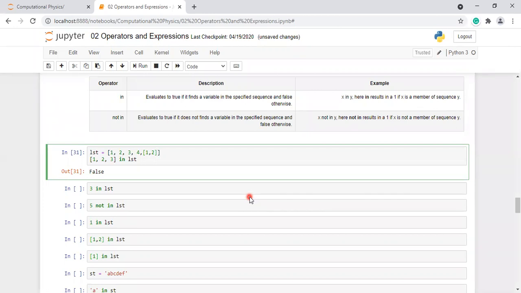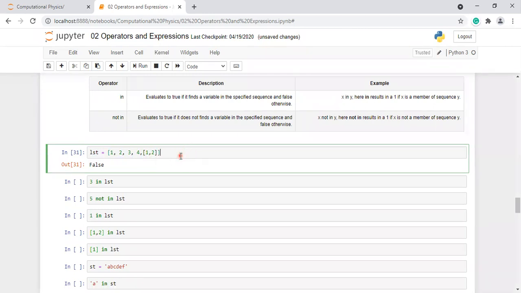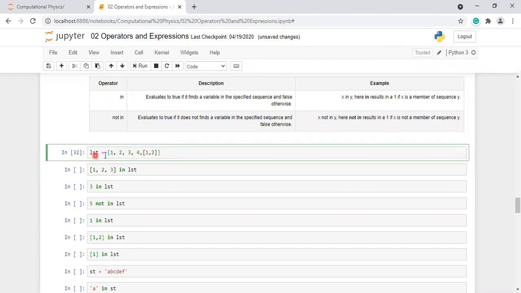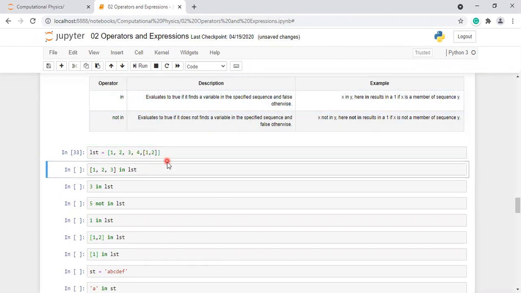So let me run this. I have created a list and assigned it to the variable lst.